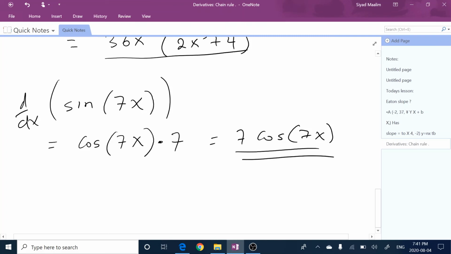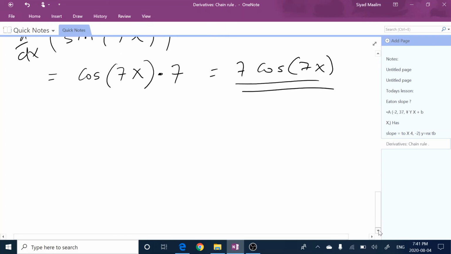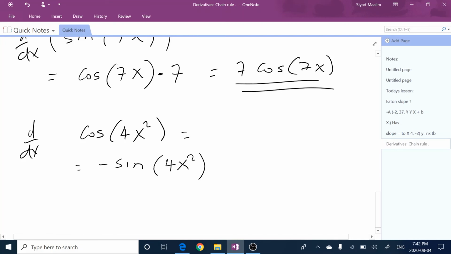Okay, let's do another example. Let's find the derivative of cos of 4x squared. The same thing. First you have to find the derivative of cos, which is negative sine, keep whatever is inside the bracket the same, 4x squared, multiplied by the derivative of what is inside the bracket.